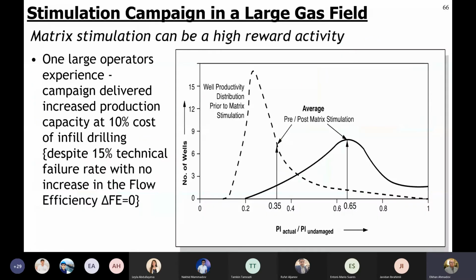This is an example of an acidization campaign, where the statistical curve of the well productivity shows that the average well productivity is around 0.35, and many wells have a relatively very low productivity, around 0.2 or 0.3.